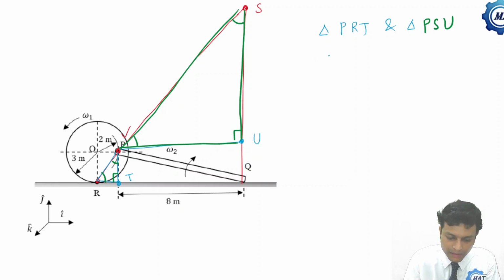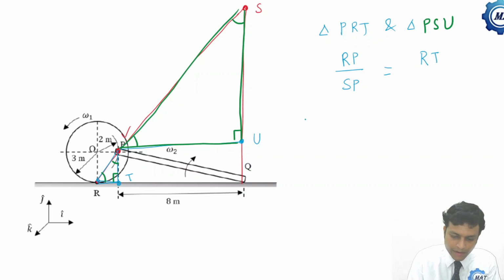That is, RP by SP is the ratio of RT and PU.